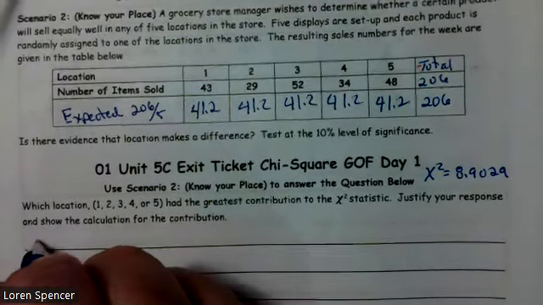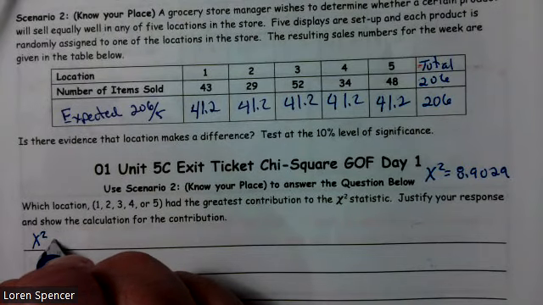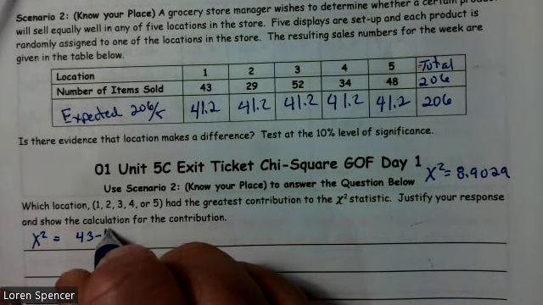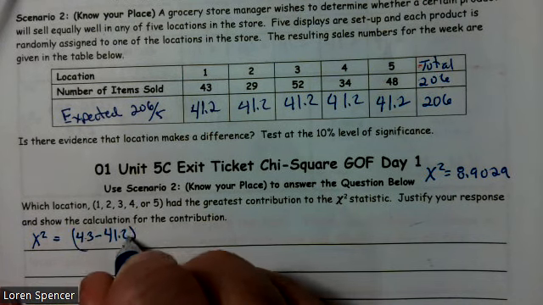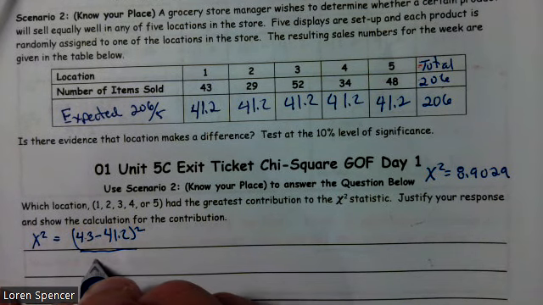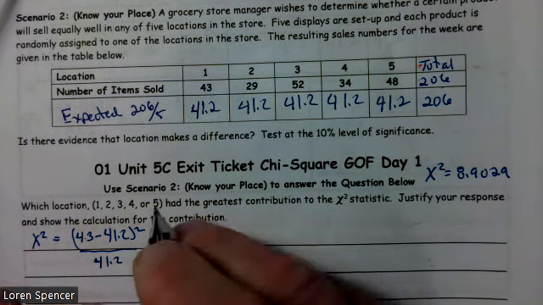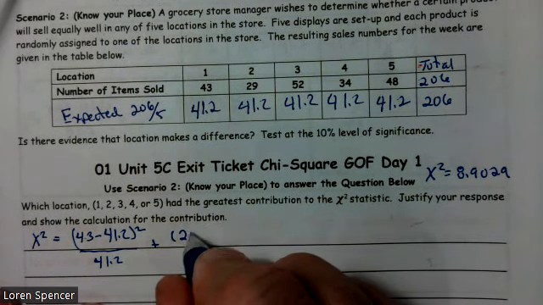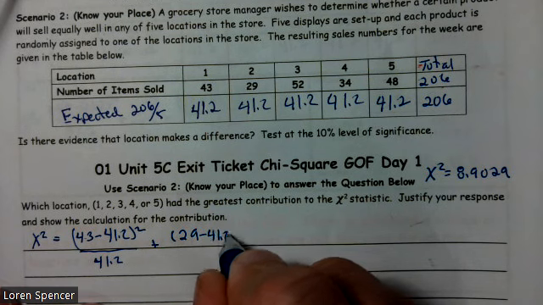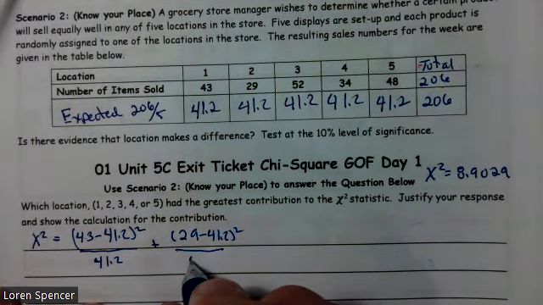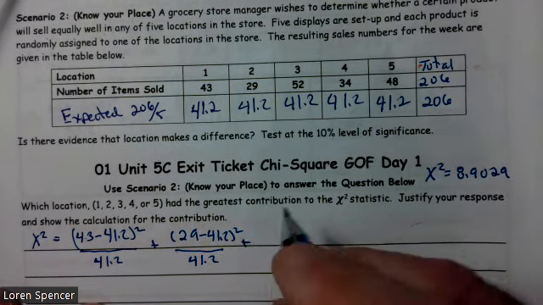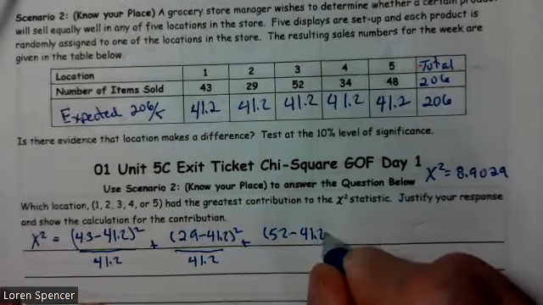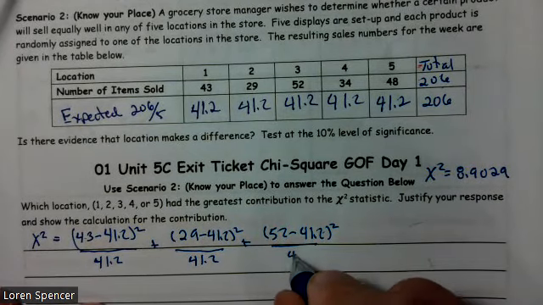In this case, if I had not abbreviated chi-squared, I would have gone 43 minus 41.2 squared over 41.2. That's the first one. Plus 29 minus 41.2 squared over 41.2, plus 52 minus 41.2 squared over 41.2.